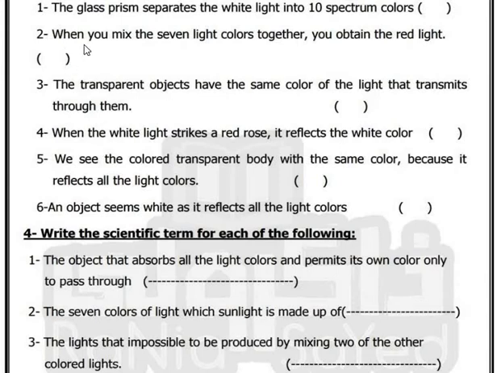Very good. When you mix the 7 light colors together, you will obtain the red color. لما أعمل mixing لل 7 colors مع بعض, give me the red? No. Right, very good. The transparent object has the same color of the light that transmits or passes through it.